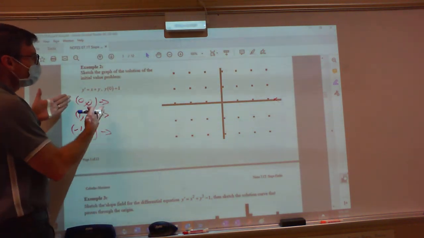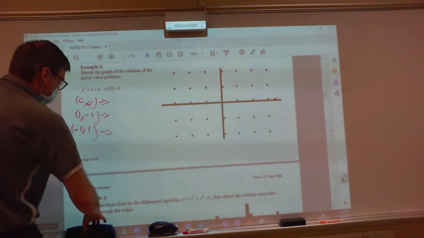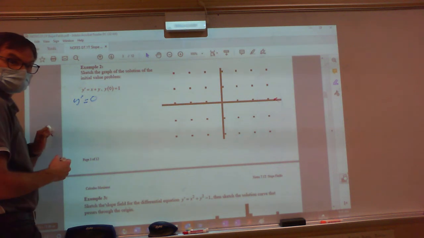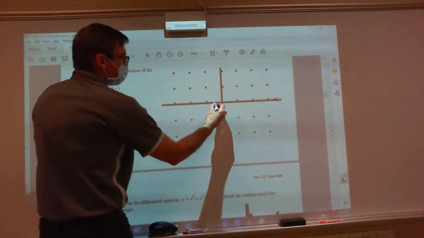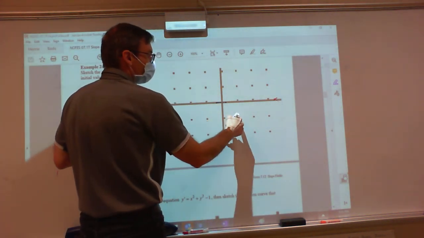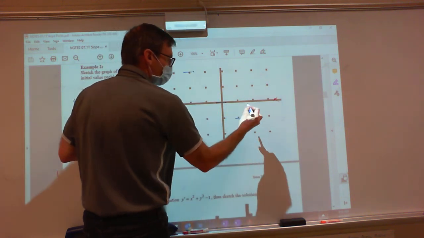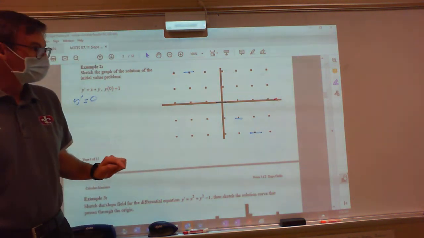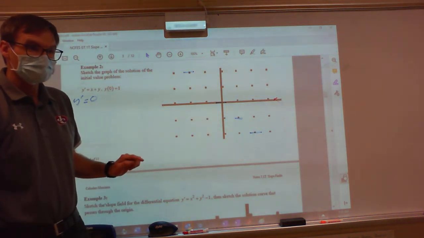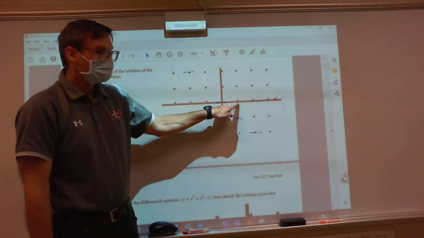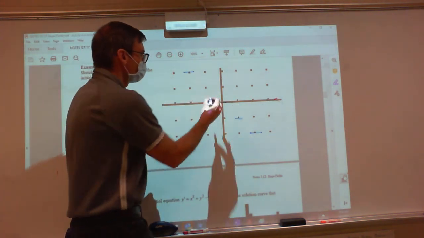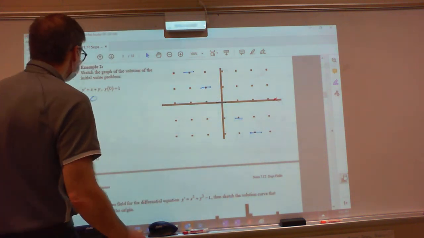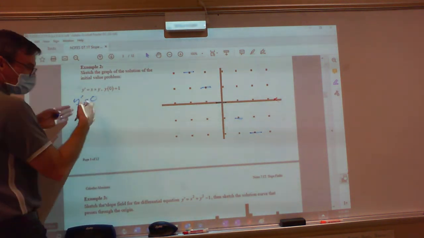So in my mind, I looked at it and asked where is y prime 0? y prime is going to be 0 at the origin and anytime here and here. Does everybody see that that's going to give me a slope of 0? (1, -1), I forgot that one. So we get our slopes of zero.